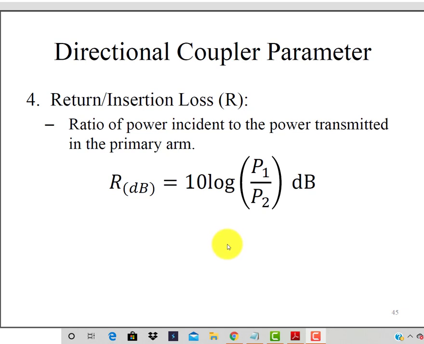If there is any insertion loss, how much is existing in between 1 and 2? Ideally there is no insertion loss, and by introducing some extra device also there is no loss. For that case the insertion loss is very negligible, which can be considered as 10 log P1 by P2. So the loss is the ratio of input to the output.